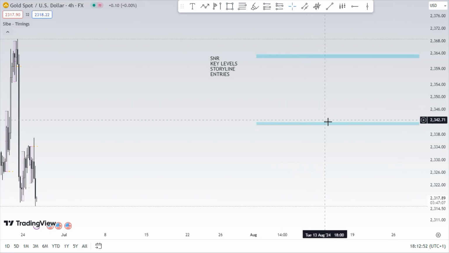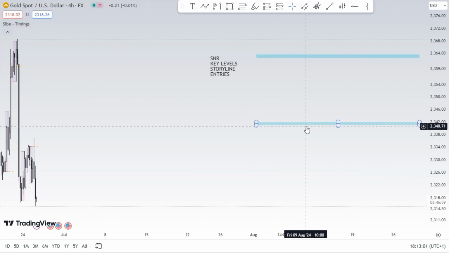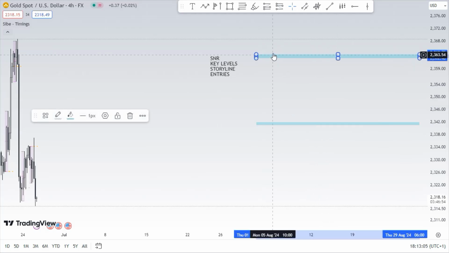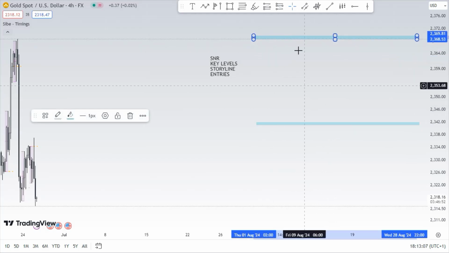So price bounces off this level, goes up, and then bounces off of this level again, comes down. So the support is going to be something more like a floor. Let's think of it in terms of a building. Support will be the floor, resistance will be our roof. So when price gets to resistance, we expect price to come down, and when price goes to support, we expect price to go up.